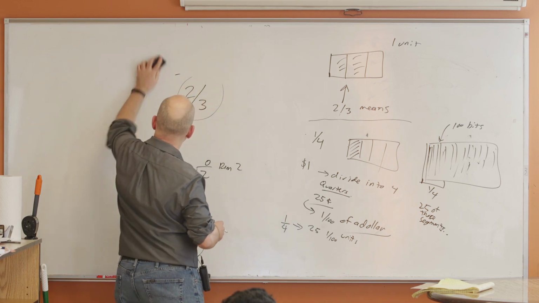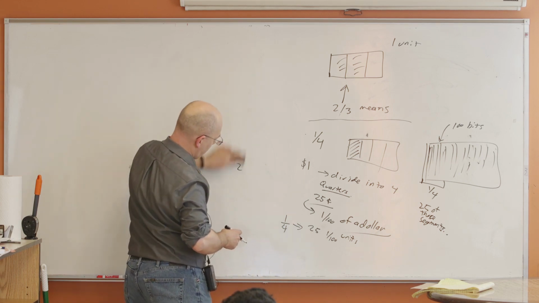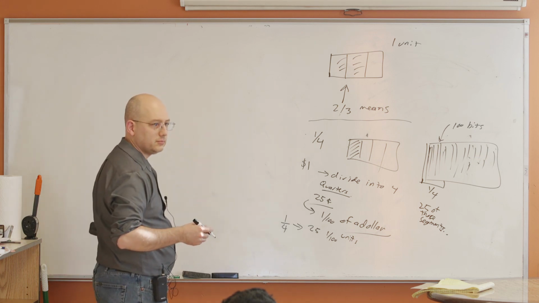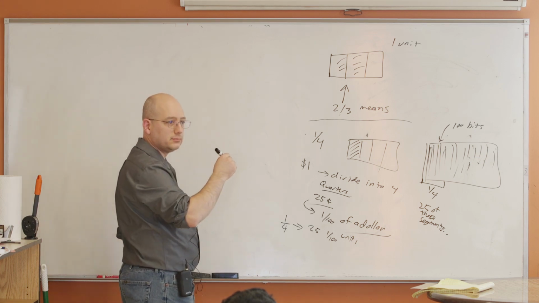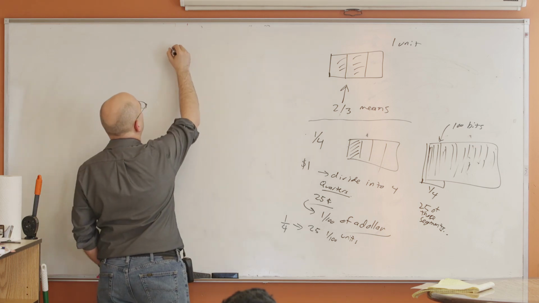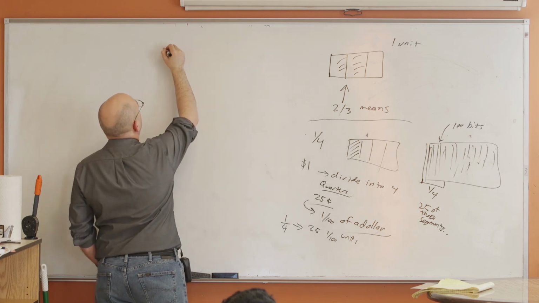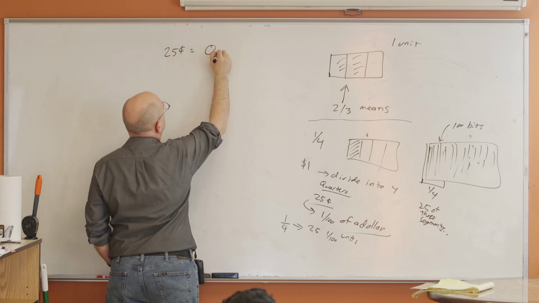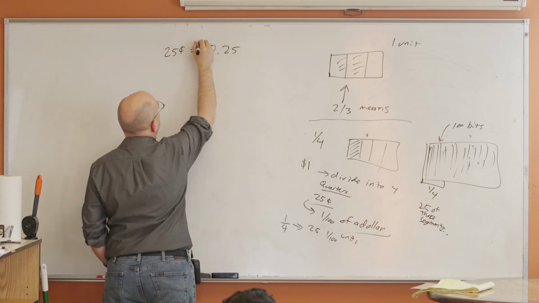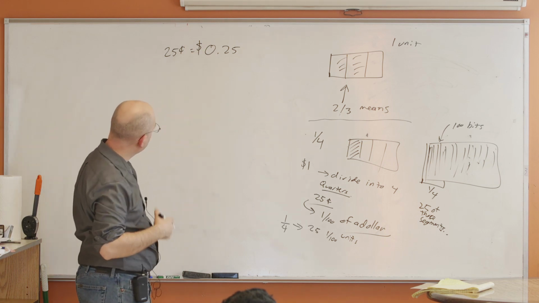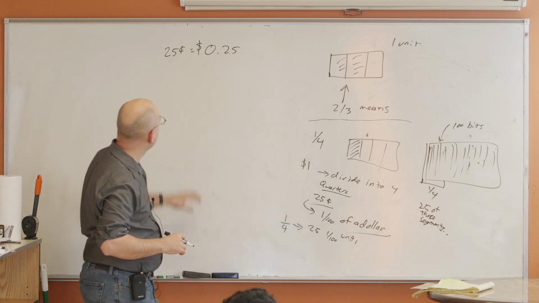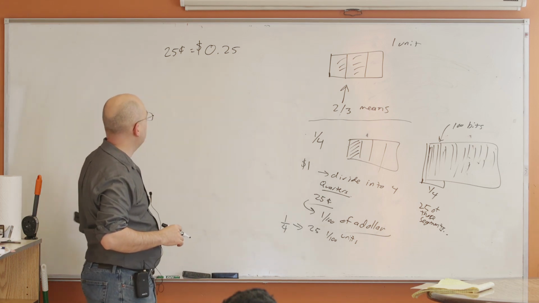Now, how do we actually write 25 cents in terms of dollars? 0.25? Yep. So 25 cents is the same as $0.25, right? That's 25 100 bits of a dollar, we write that way.